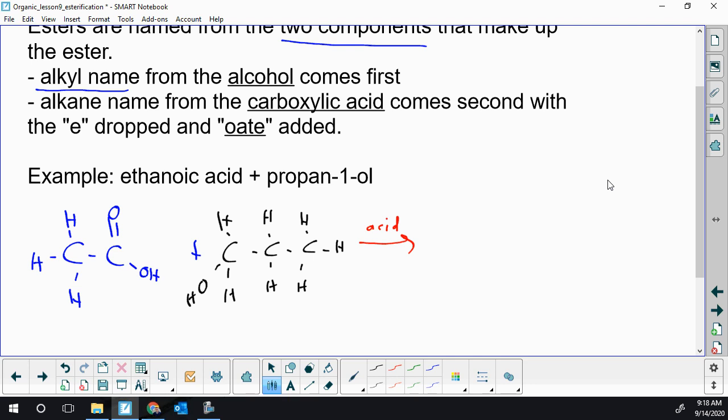The question didn't mention the acid catalyst, but I'm going to always write it in. I want you to get used to that you need an acid catalyst for this reaction.